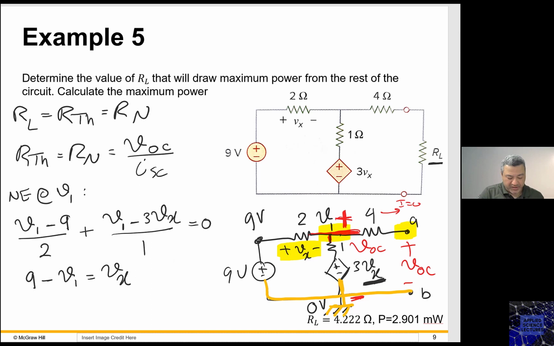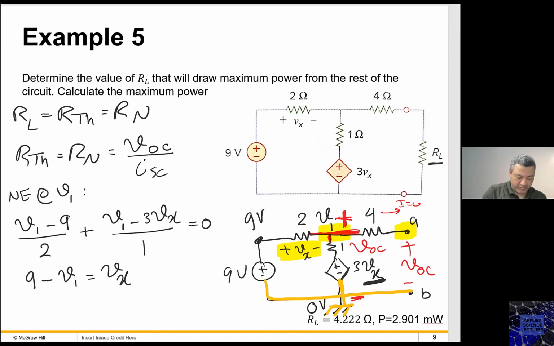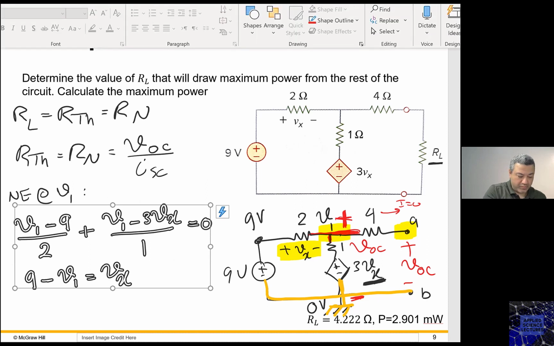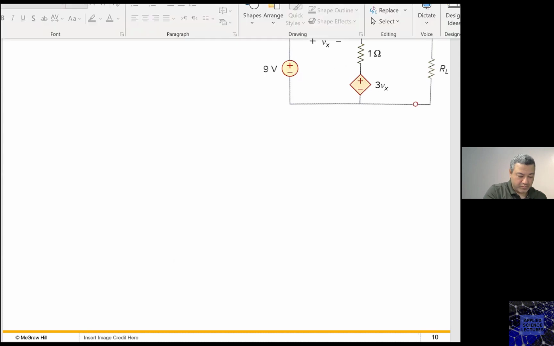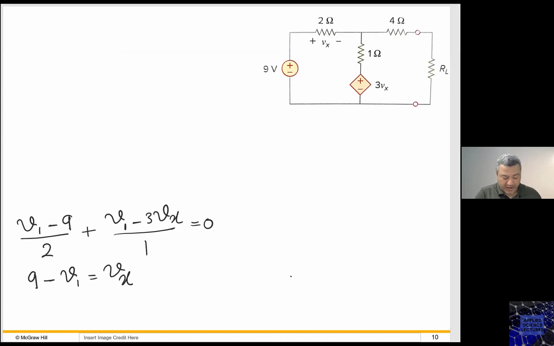Now, if you take the Vx and substitute it here, what do I get?